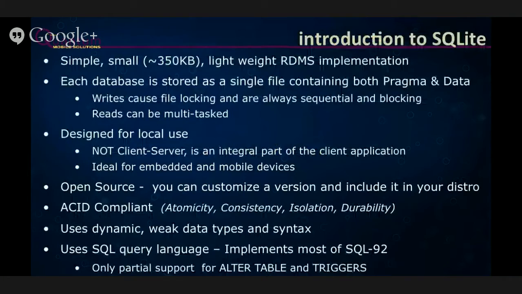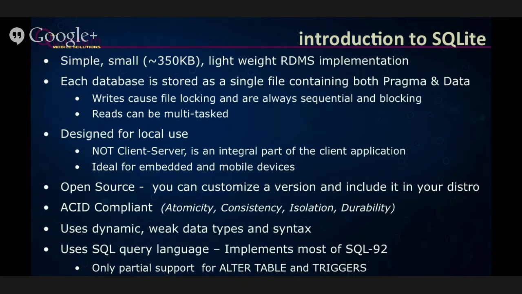So what is SQLite? Well, SQLite is a small database. It's about 350 kilobytes. That's all. It's lightweight, and it is a relational database. I sometimes hear people say, well, SQLite is just flat files. It's not relational. It is relational. But what it does is store everything in a single file. So each database will have its own single file that defines everything about it.